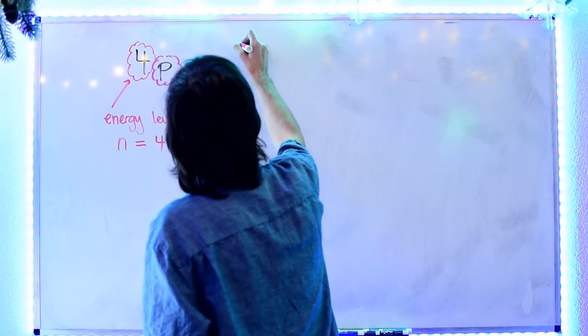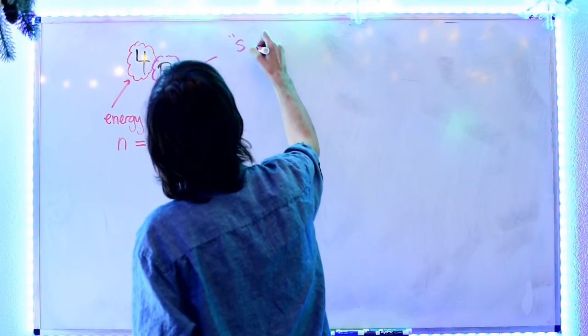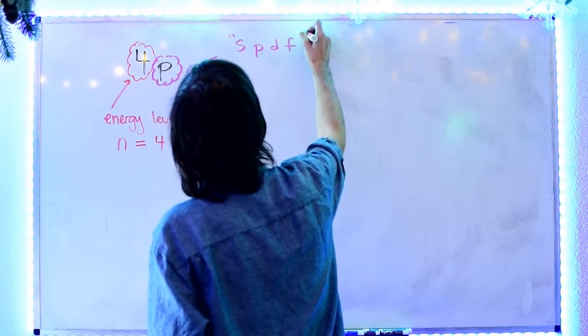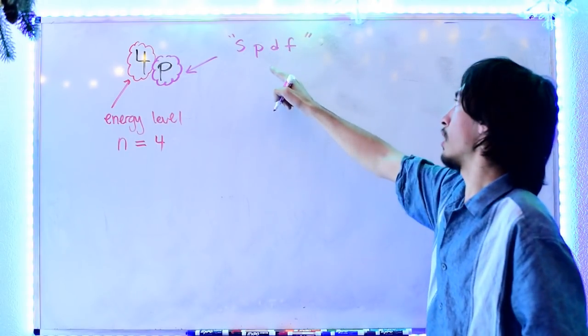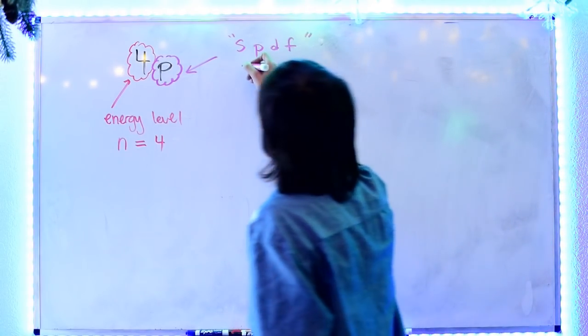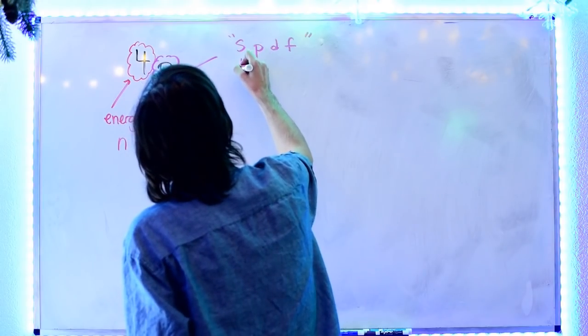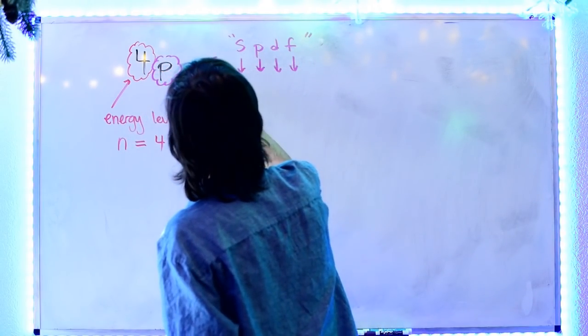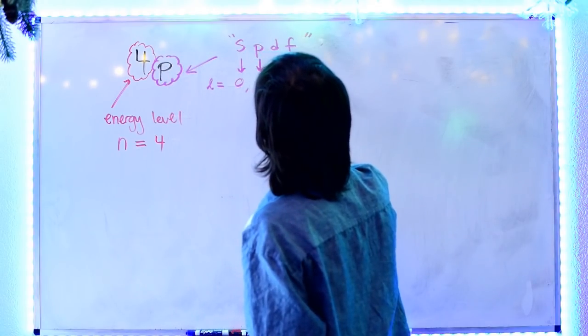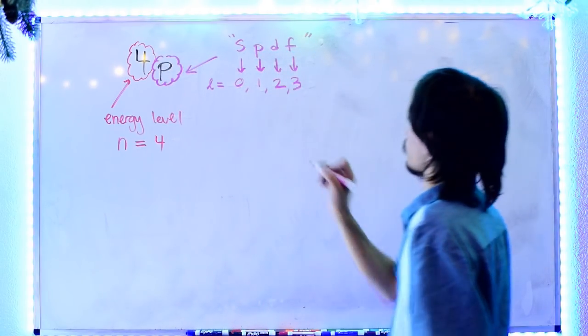has to do with SPDF and the orbitals. There's more than F. It's also G and H, I think, but we're going to focus on SPDF. For SPDF, they each correspond to the following. L equals either 0, 1, 2, or 3.